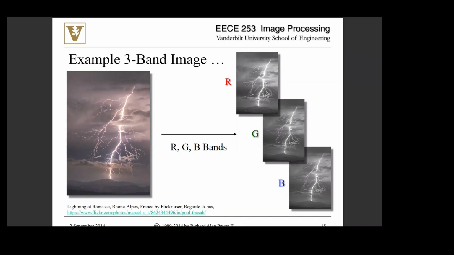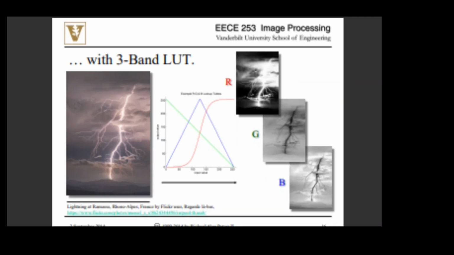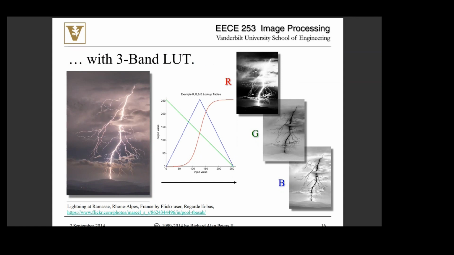Yeah, so some examples. Let's say that I apply this transformation to each one of the bands. Let's start with something easy, the red band. In the red band, I will saturate the small values and I will saturate the high values.